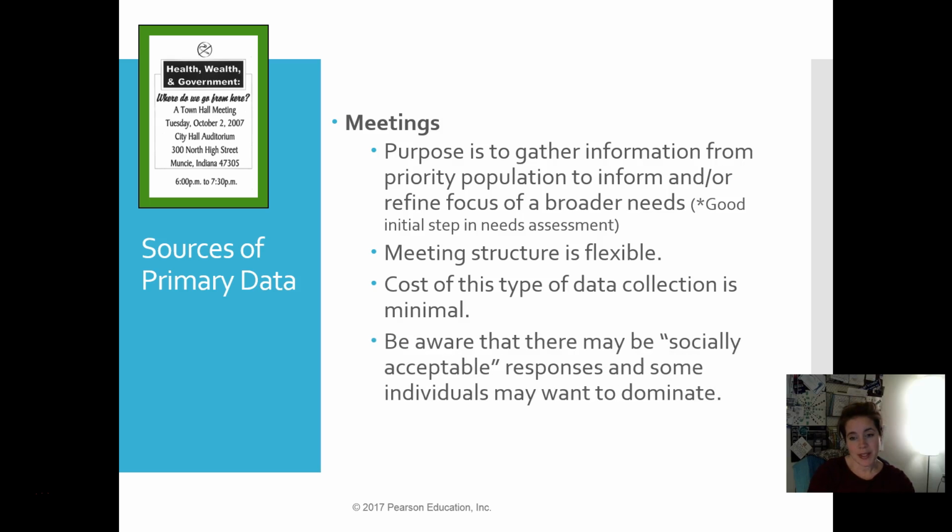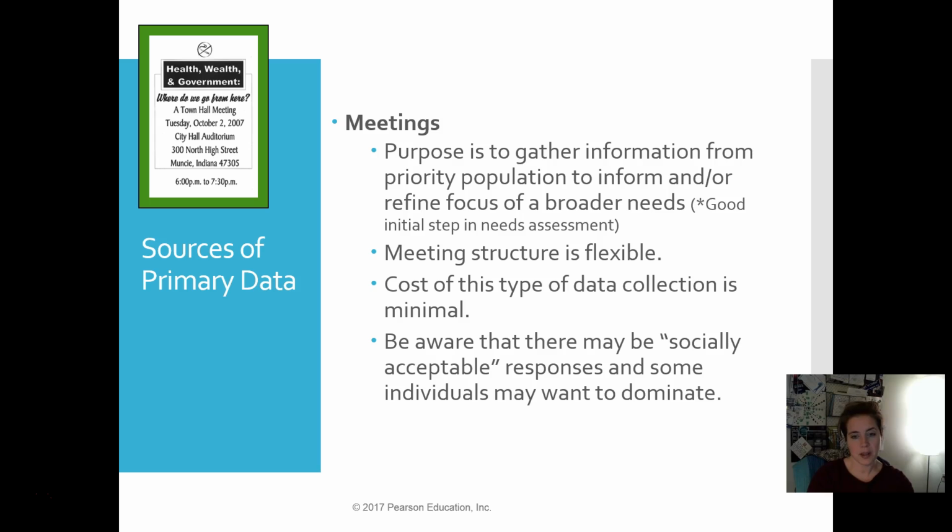This is the last piece of this warning, and like we said before, although we might be missing information from certain groups of folks, it's also important to recognize that even among those who speak up, there's this idea of social desirability, or in this case they're wording it social acceptability, so that people will want to be looked upon favorably by the committee members, oftentimes, who are there, or the other town hall citizens who are there.